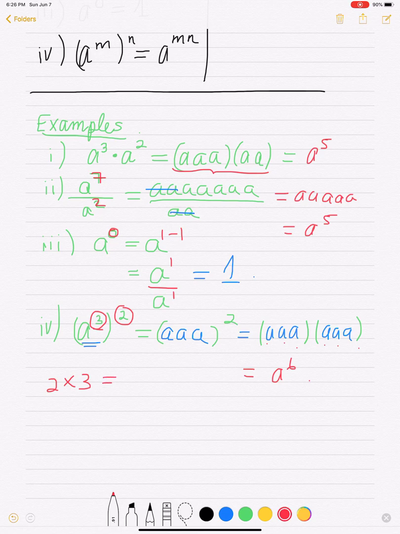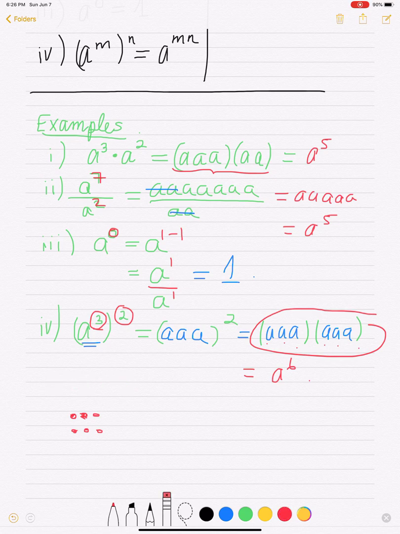You learn that it's 6. So basically the way they teach it is you have a group of 3. Let's say you got a group of 3 dots and another group of 3 dots, right? 2 groups of 3. Well, that's exactly what this is right here. It's 2 groups of 3. So 2 times 3, 6. Okay, so that's the inspiration for property number 4.